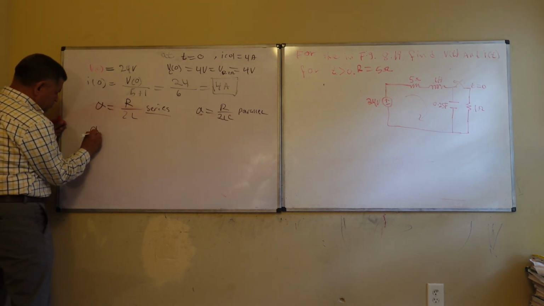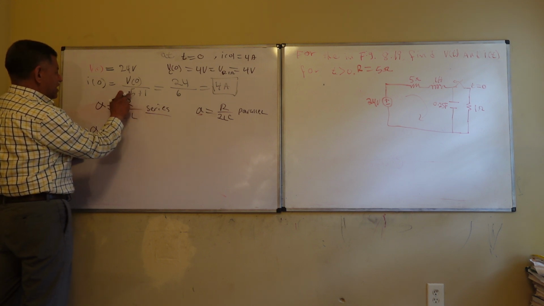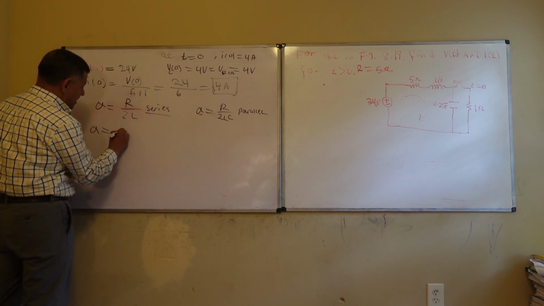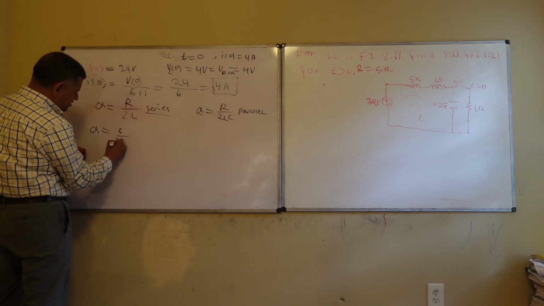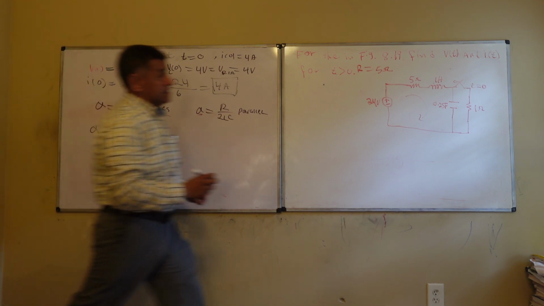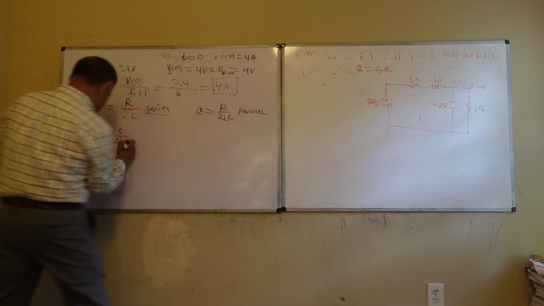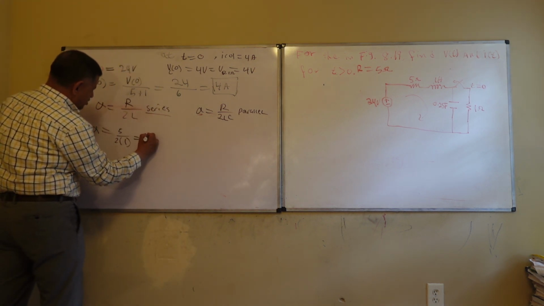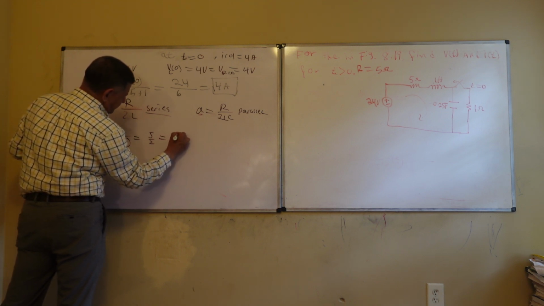So we know alpha, in the case when R is 5, is going to be 5 over 2 times L, and the value of L is 1 Henry. So that is 5 over 2, which is equal to 2.5.